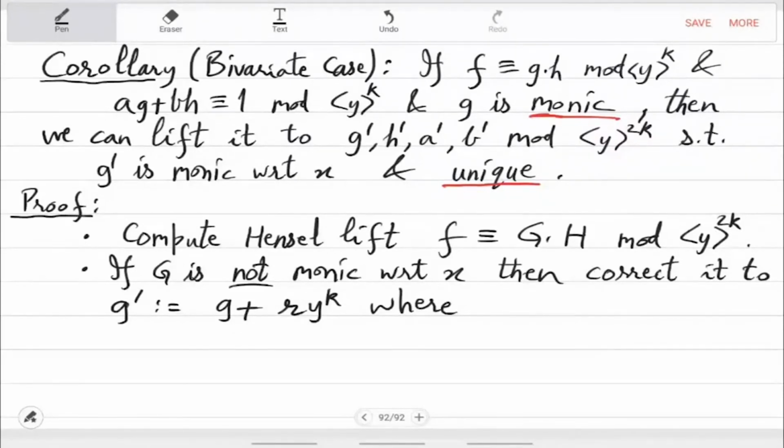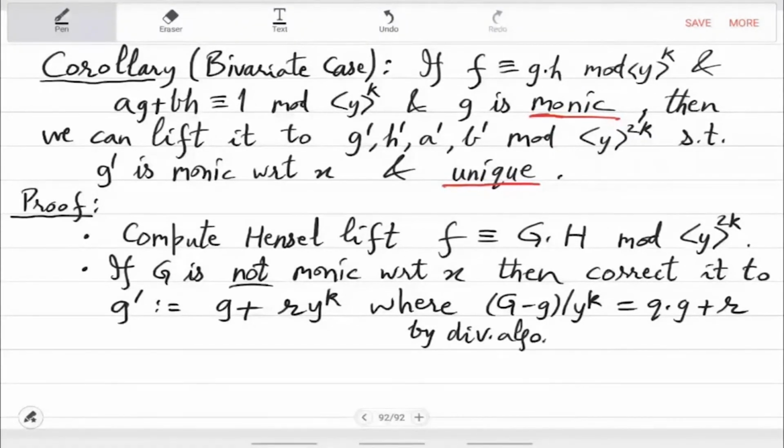So R is obtained by the division algorithm. So use the division algorithm with small g as the divisor.